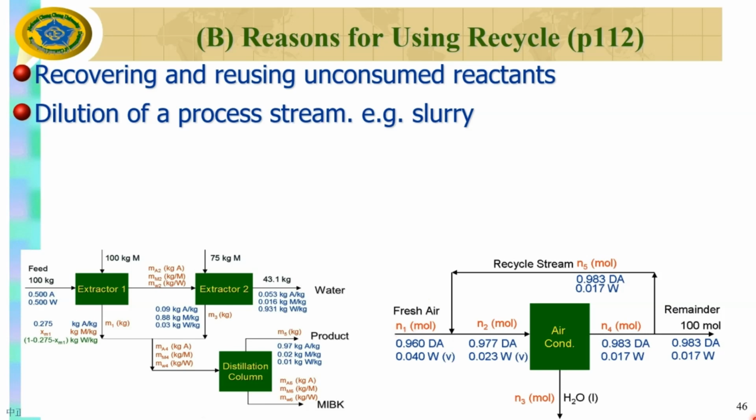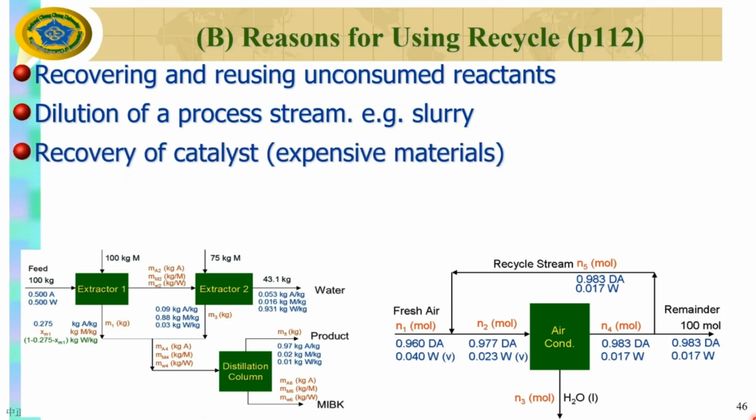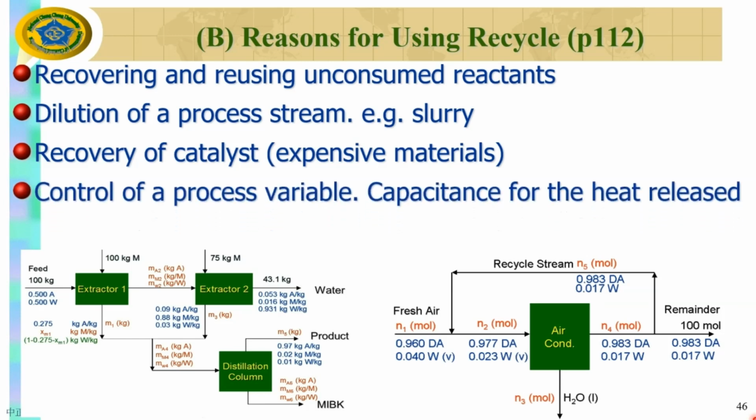The second reason, I already explained to you. Third one, recovery of the catalyst. Catalyst is a kind of solid material which is basically expensive, like in a fuel cell. Fuel cell is very expensive, so recovering of the catalyst, normally you know this reason. The fourth one is control of the process variables, like capacitance for the heat released.